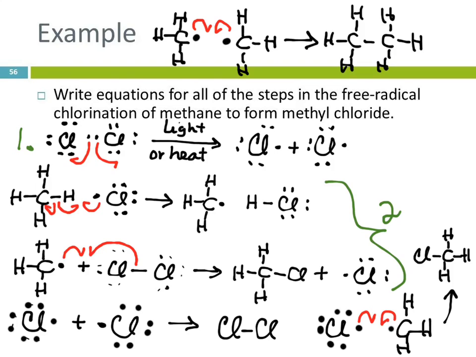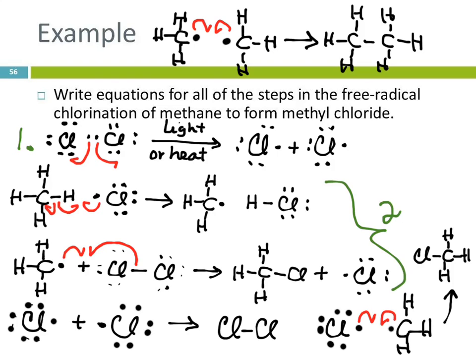The chain terminating is two radicals coming together. Basically, they knock each other out. Propagation, you get rid of one, you make another. So here we had, in the initiation, you have no radicals, you're making a radical. Chain propagating, you consume one radical, but you make another, and so it keeps propagating.